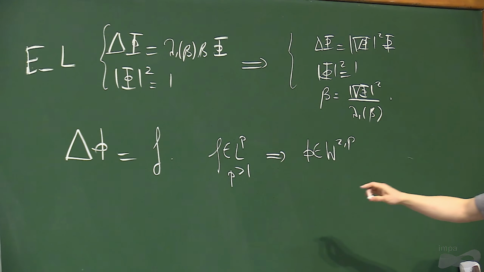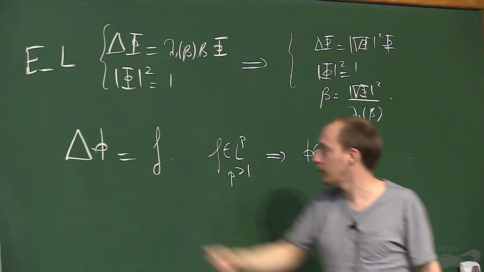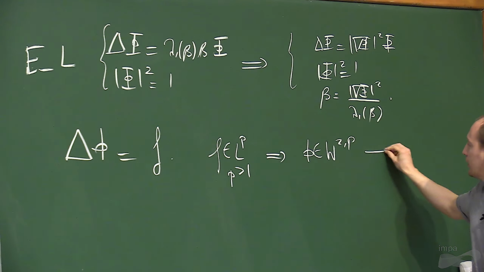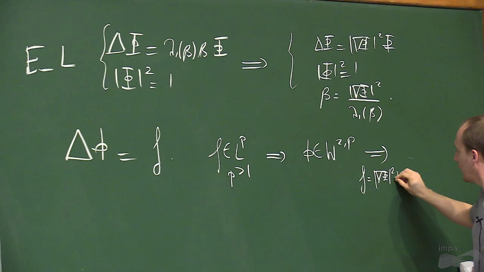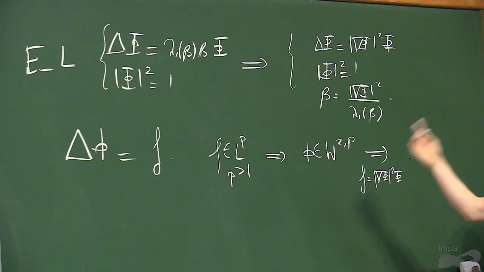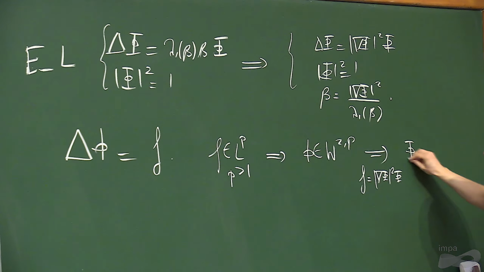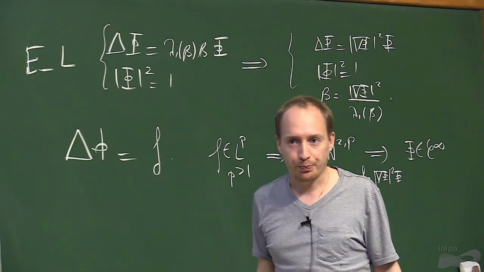So you can have regularity and obtain two derivatives for phi. And if you assume that f is equal to nabla phi squared phi, then you can bootstrap the arguments and obtain that phi belongs to C infinity. And you also get estimates like this.